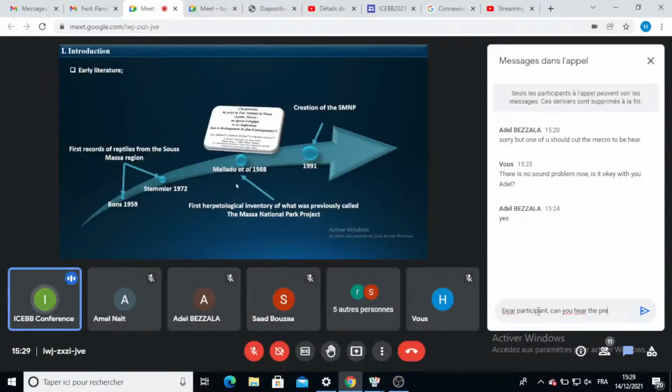The main goal of this work is to provide the first reptile inventory of the Sous-Massa National Park since its establishment in 1991. The study was conducted in Sous-Massa National Park, created along the volcanic plateau of the Sous-Massa region.